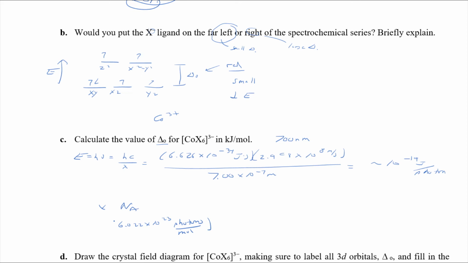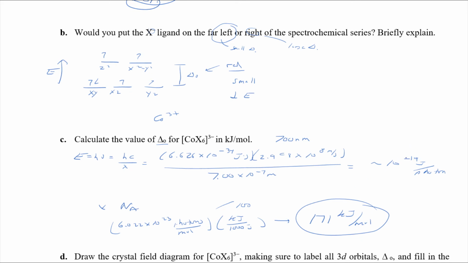And then remember, you need to divide it by 1,000, or multiply it by what? 1 kilojoule is 1,000 joules, right? And that, when you crank that all out, I get something on the order of about 171 kilojoules per mole of photons. And there you go.